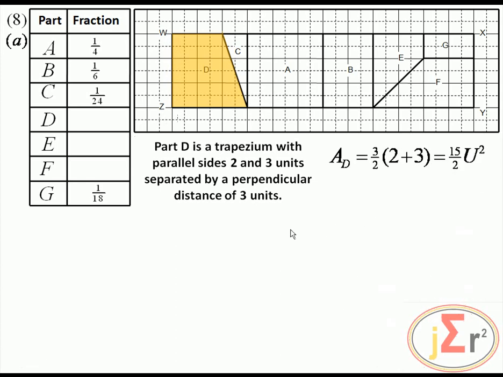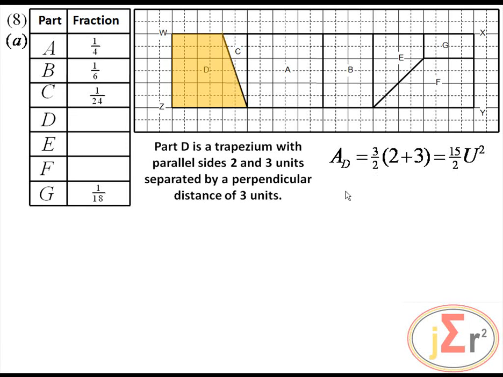And of course, do not forget the formula for the area of a trapezium. The two parallel sides are added inside here, and the perpendicular distance between the two of them is divided by 2. So we have 2 plus 3 is 5. So we have 3 times 5, 15 divided by 2. So 15 over 2 units squared.